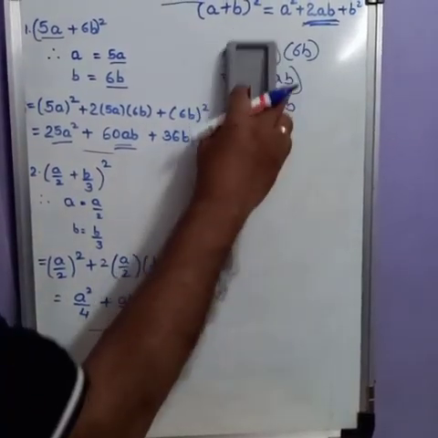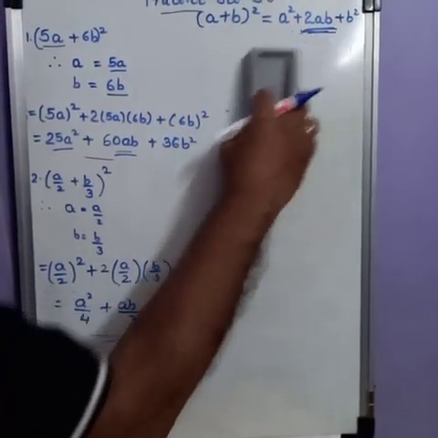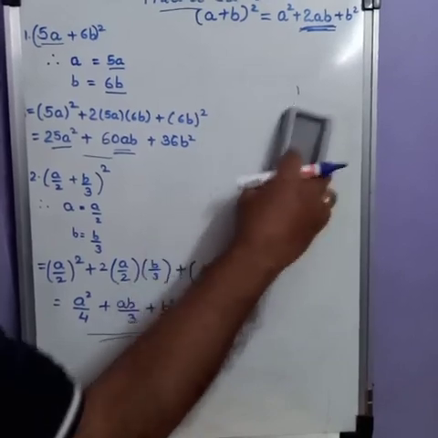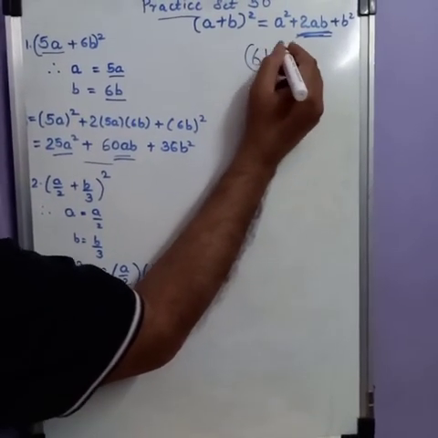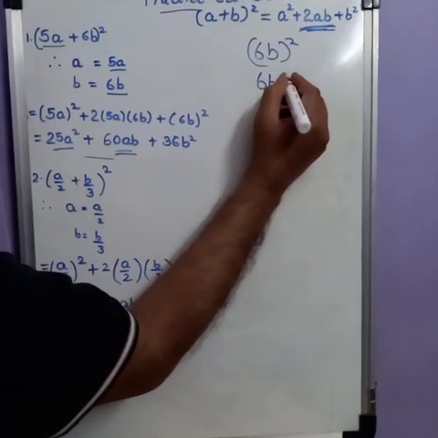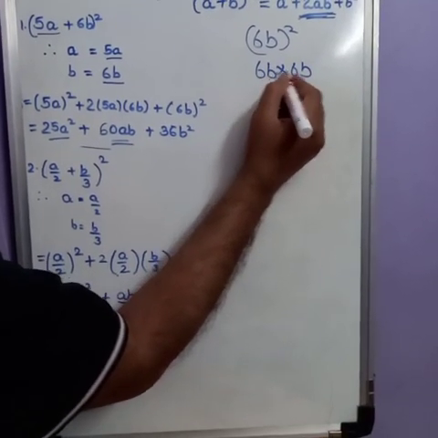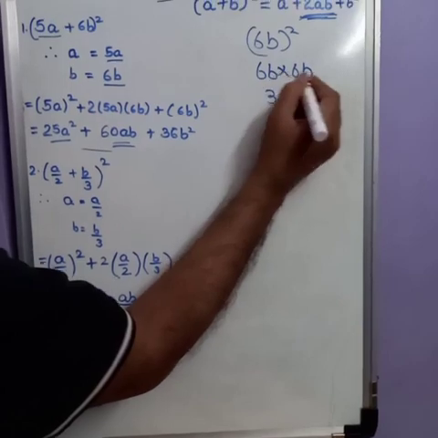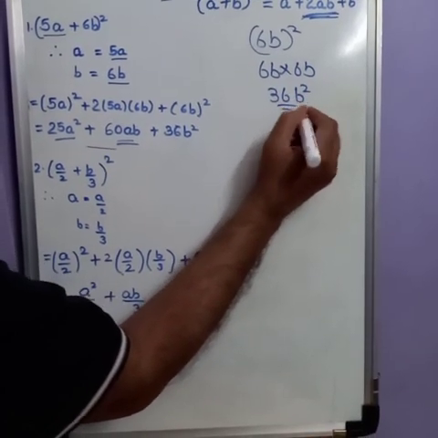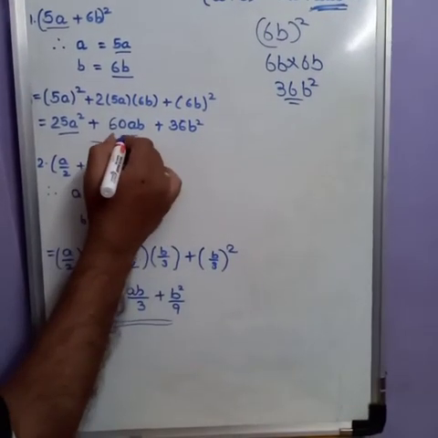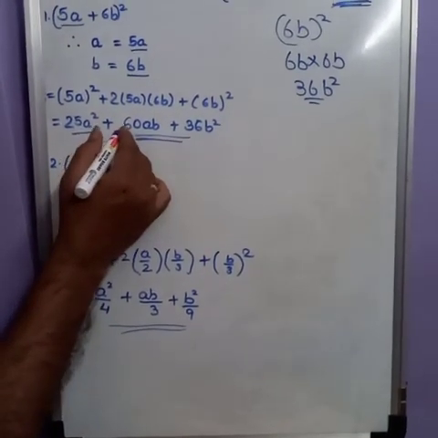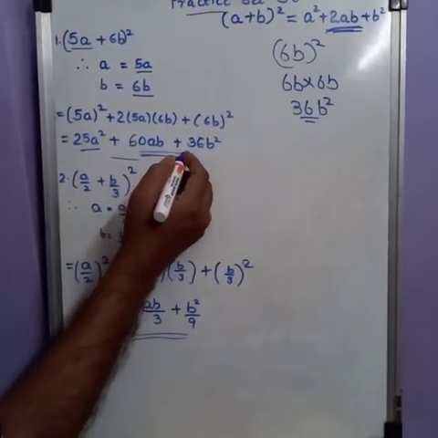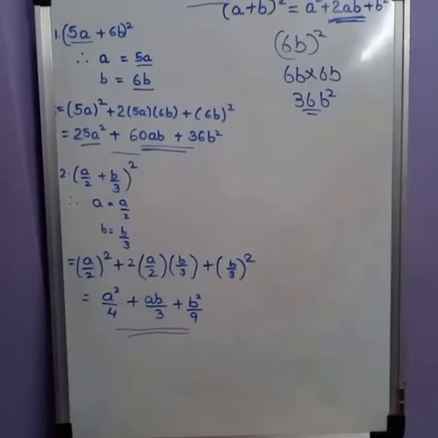Now next one is 6b square. So 6b into 6b, 6 6s are 36, b into b, b square. So 36b square. So your answer will be 25a square plus 60ab plus 36b square.